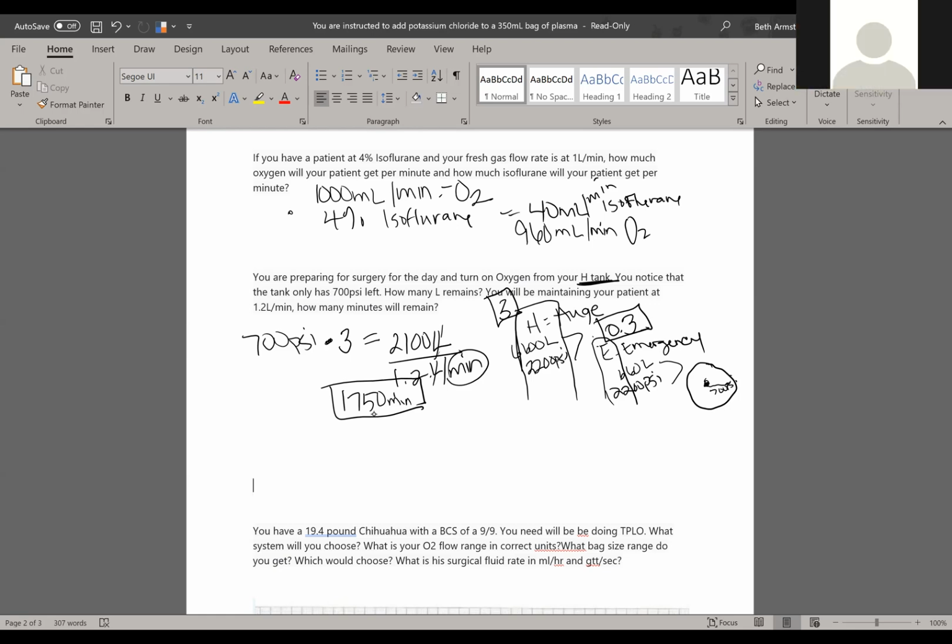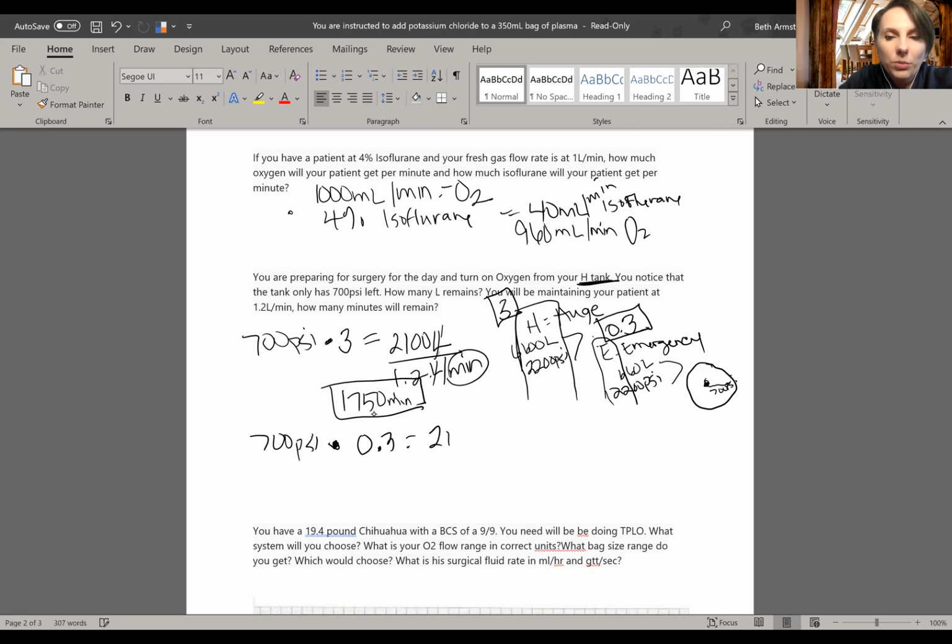So yeah. Now, if this was an E tank, you would do the exact same thing, 700 PSI, and your constant would be 0.3, and you'd go this route. So you would end up with 210 liters, right?